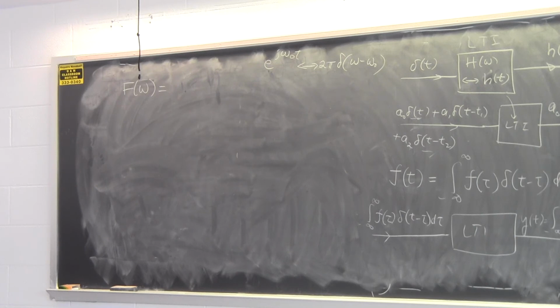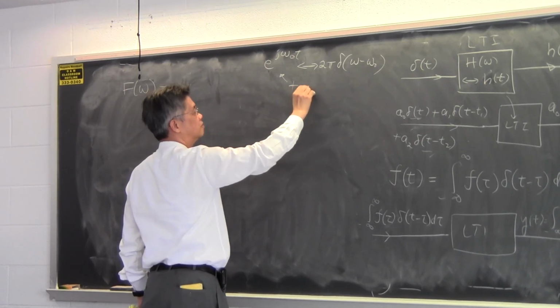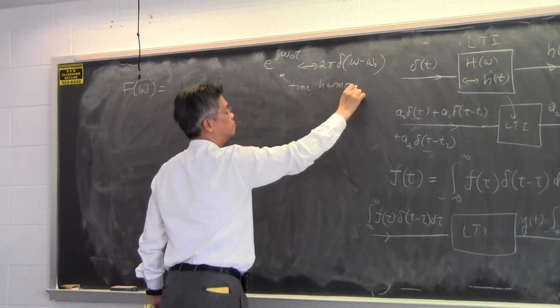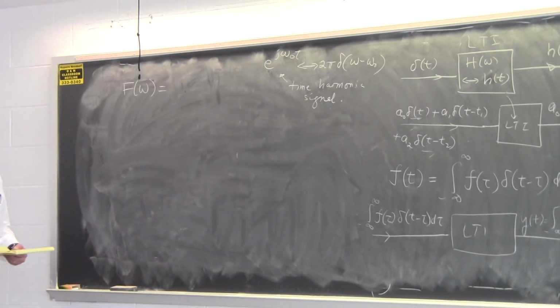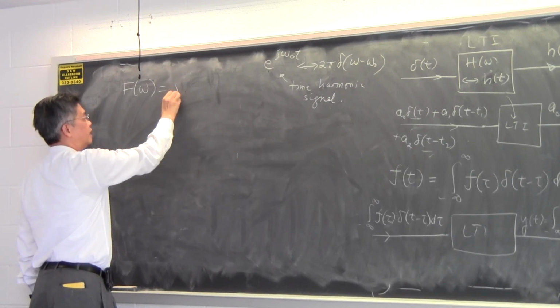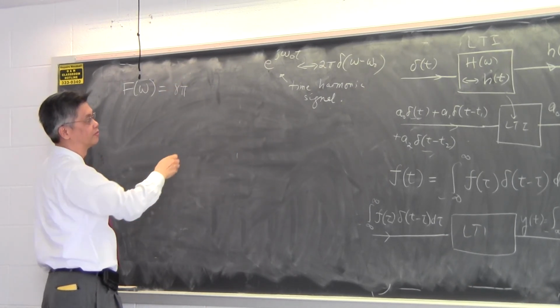The cosine is the sum of two time harmonic signals. So if you have 4 cosine 4t, then the 4 will multiply by that, it will give you 8 pi, and then it will give you two delta functions.